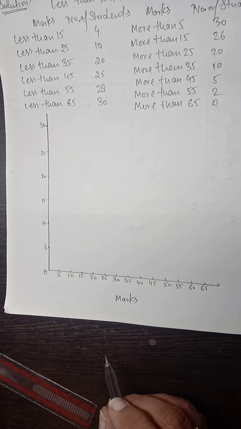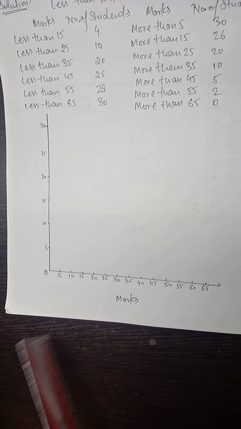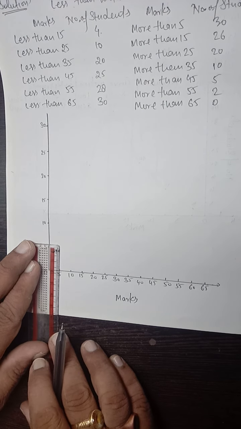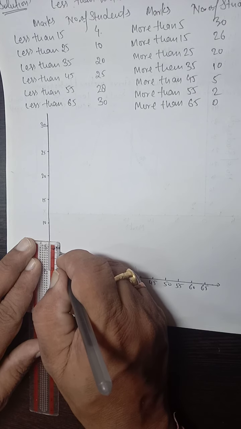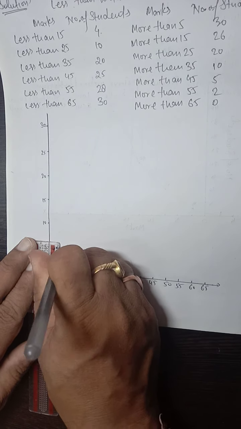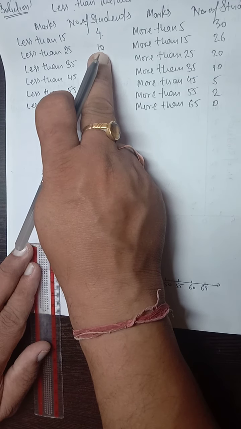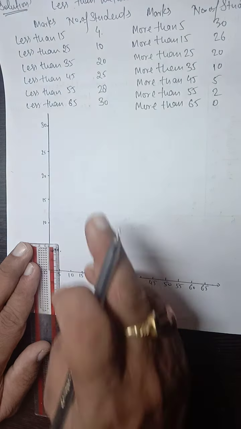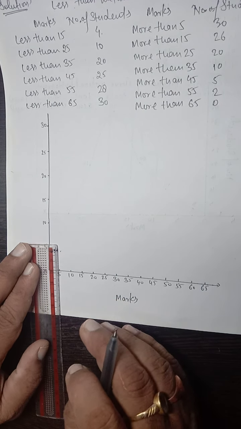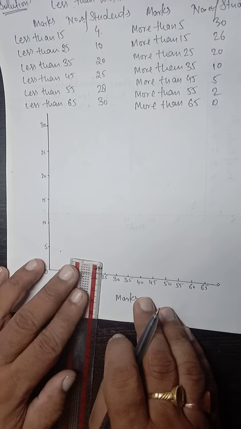First number, which is 5 to 4. 5 to 4 means this will go this side. Second one is 25 to 10. 15 to 4.